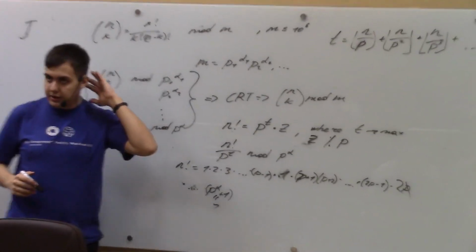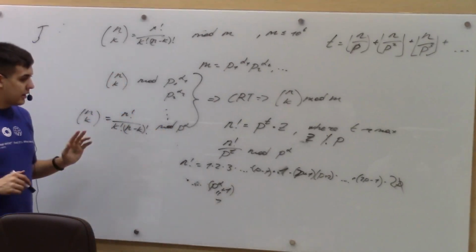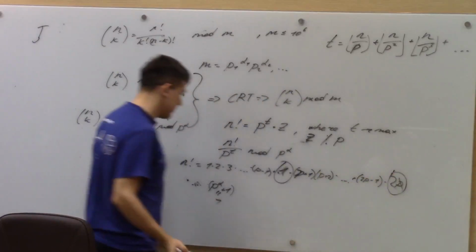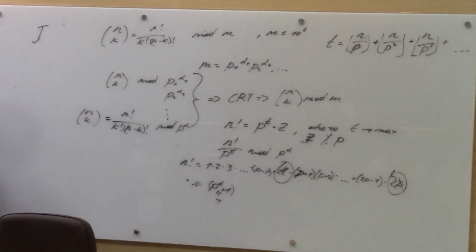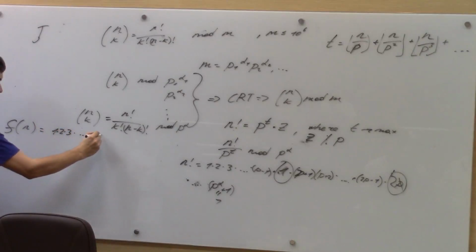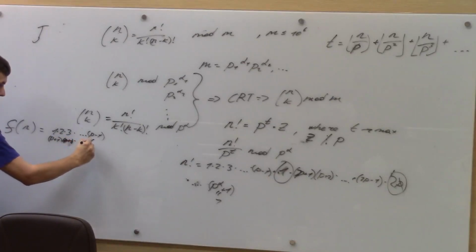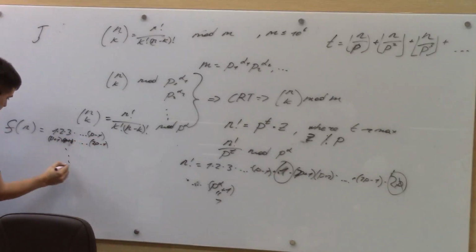Okay, so this is cyclical, and well, let's calculate everything except this. Let's call it f of n. So f of n will be equal to 1 times 2 times 3 up to p minus 1, times p plus 1 times p plus 2, up to 2p minus 1, and so on up to n.